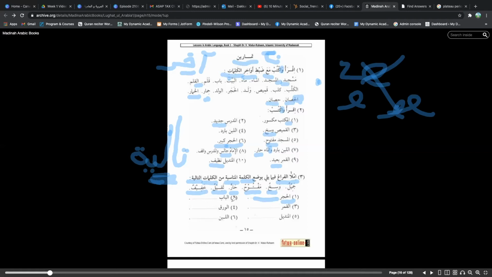Al-qamaru, okay, the moon. What would be appropriate for the moon? The kalimat munasiba. Al-qamaru jamilun, okay. Now, al-waraqu, the paper, is the opposite of the hajar. The hajar was thaqilun, right? So al-waraqu khafifun. The paper is khafif, is light. Okay.